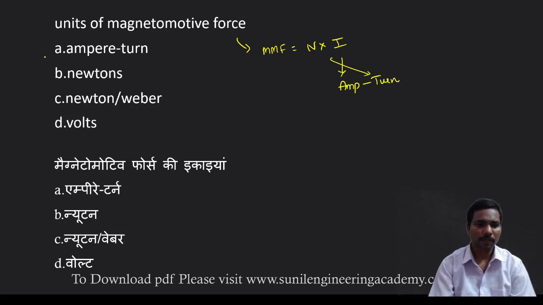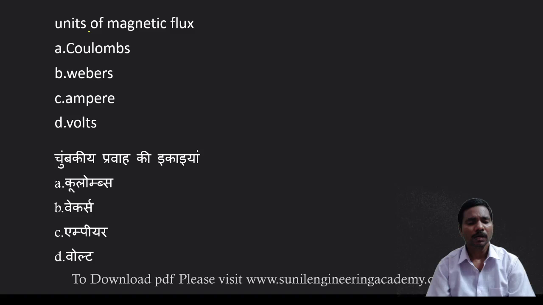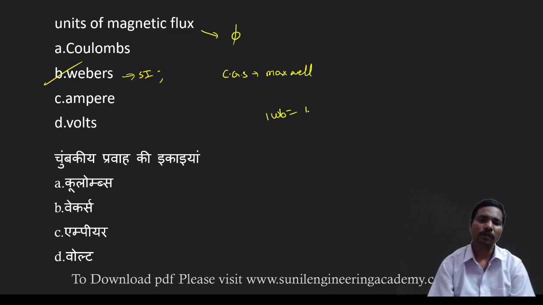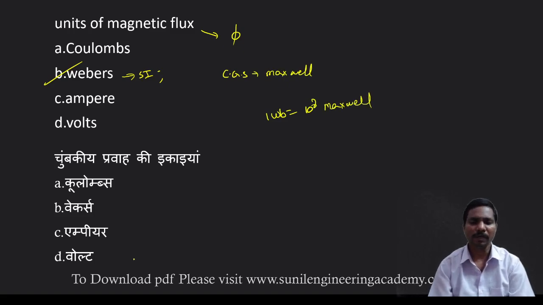So ampere turn. So the answer is option A. Magnetic flux, Webers. Weber is the SI unit. The CGS unit is the Maxwell. One Weber is equal to 10 power 8 Maxwell. So Weber is the bigger unit, Maxwell is a small unit. One Maxwell is 10 power minus 8 Webers.